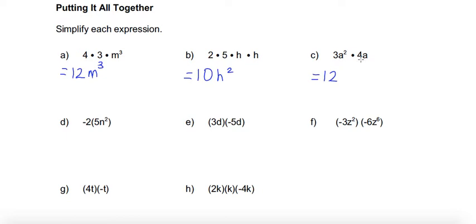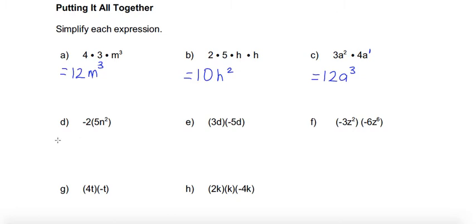I have a squared times a. Now remember, this is 1a, so you can write a little 1 there to help you remember that. And so remember when the bases are the same, so they have the same letter, we can add the exponents together to simplify that. So a squared times a, or a to the power of 1, 2 plus 1 gives us 3.